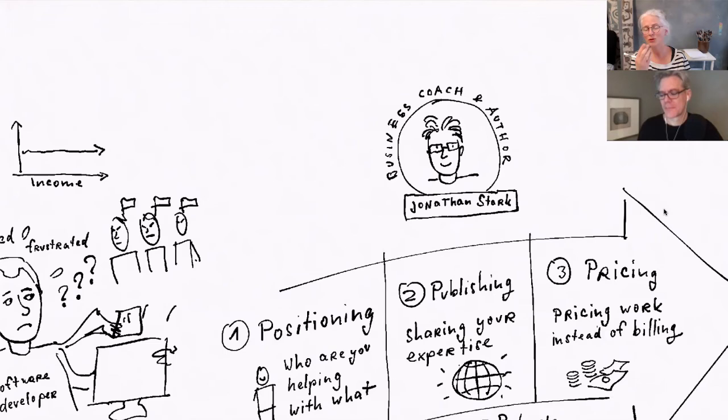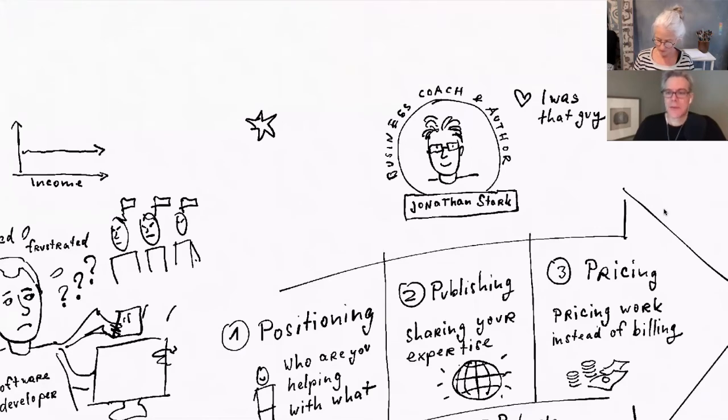I mean, there are two parts here. One is your skills and your experience, the authority, and the other thing is your empathy that you might have for the poor software developer. Yes. Well, I was that guy, and I found a new way, and then I did the new way for more than a decade.